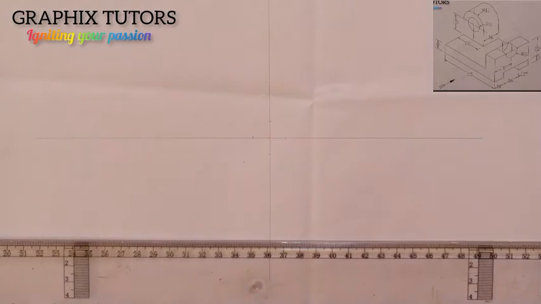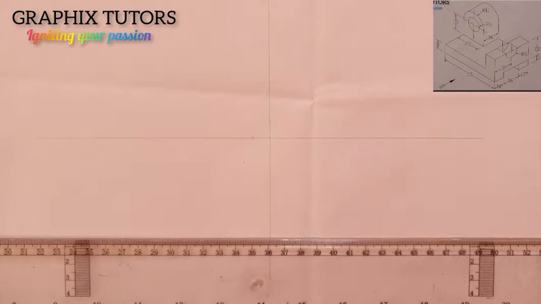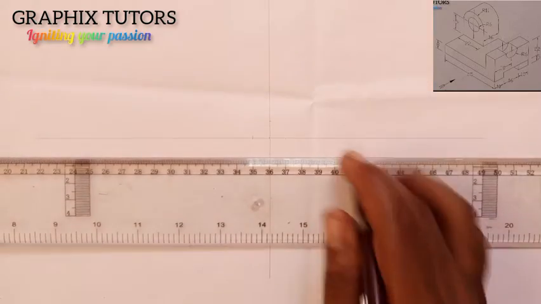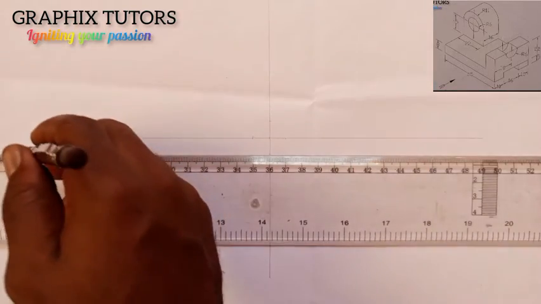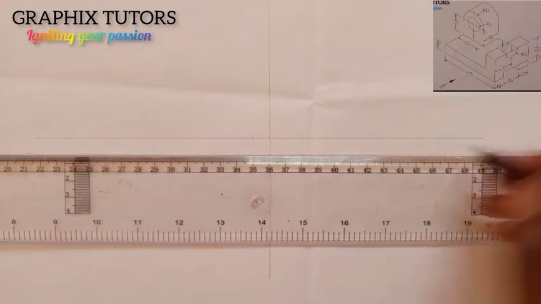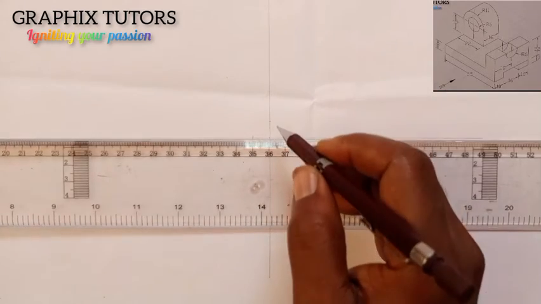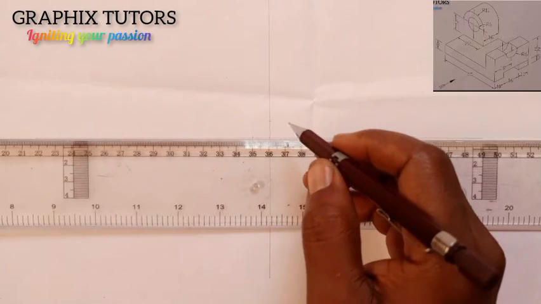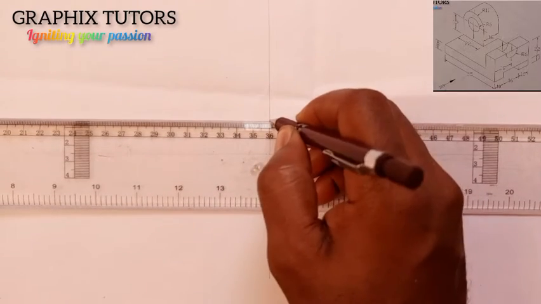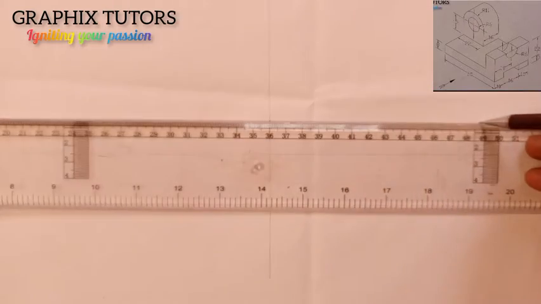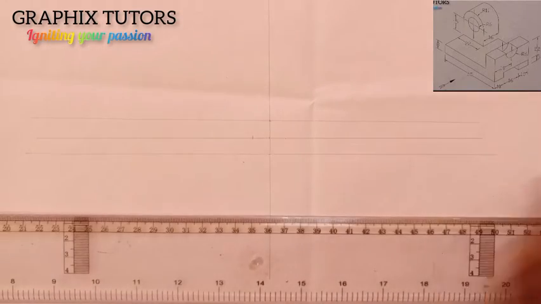So with the help of your first square and t-square, you draw this to pass through that point, and you come to that point to also do the same thing to pass through that point, right?